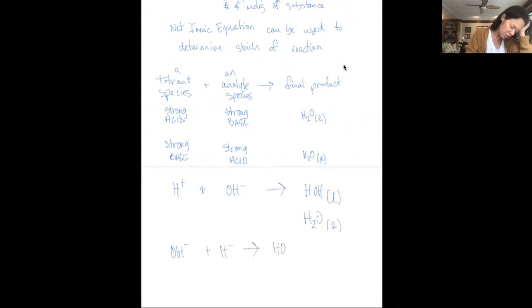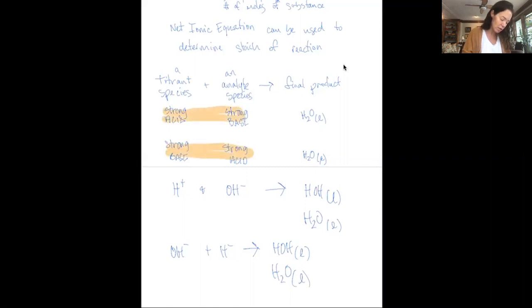And if you're thinking, well, does it matter how I write it? Absolutely not. It doesn't matter who's first, who's second, but if in fact you have a strong acid, strong base, or strong base, strong acid titration, then this will be your net ionic equation. Doesn't matter what order you write it.